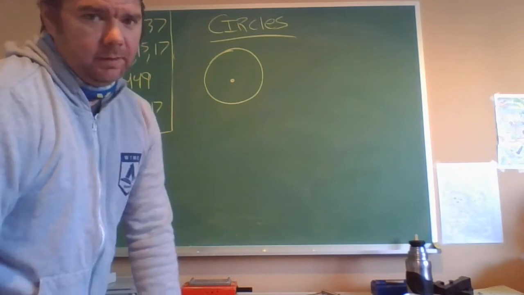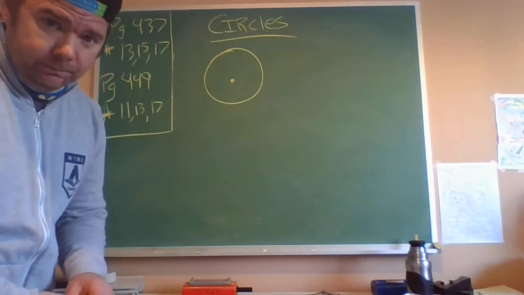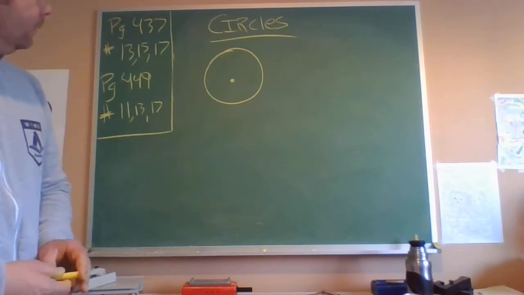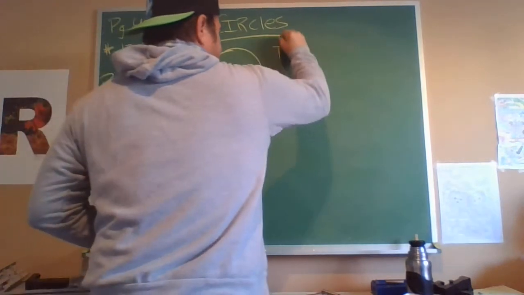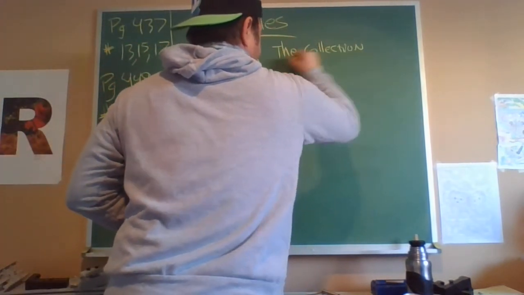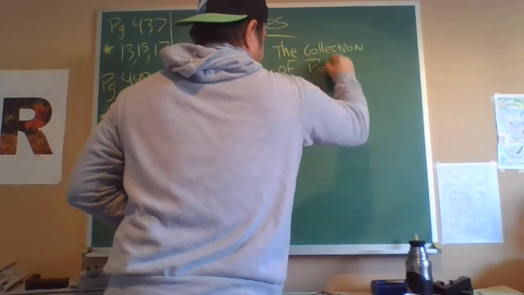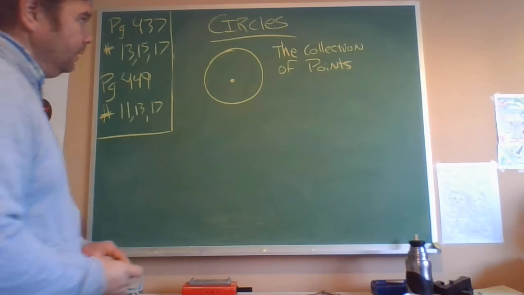So what is the definition of a circle? Well, if you really want to be specific, which we do, we can say that a circle is the collection of points. You're like, what? The collection of points?